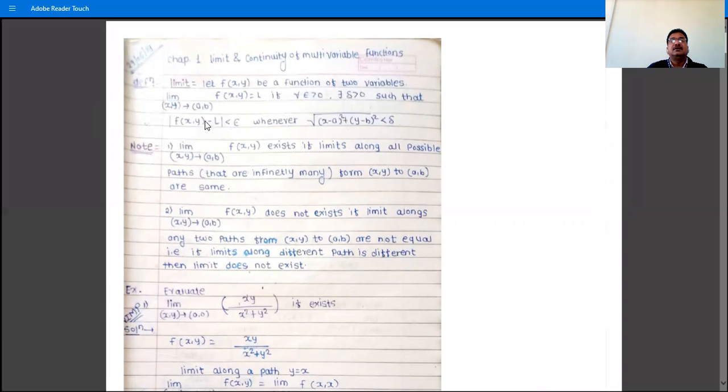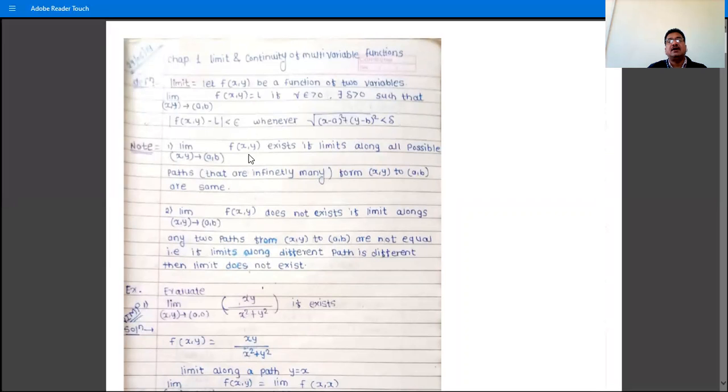That is, if this is less than delta, then mod f(x, y) minus L is less than epsilon.